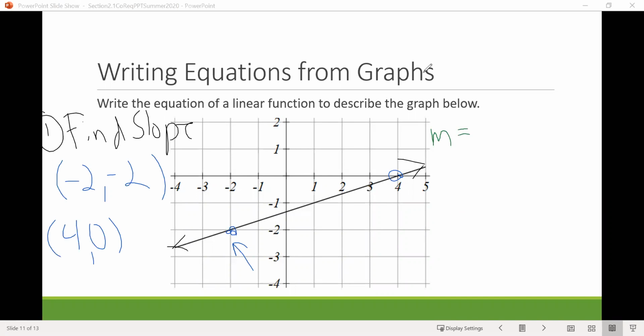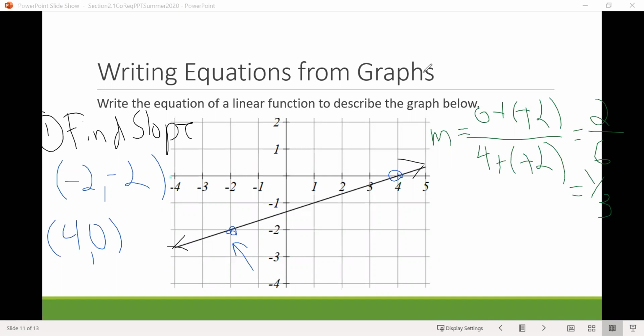So m equals 0 minus -2 over 4 minus -2. You've got minus on both top and bottom, which makes plus. 0 plus 2 gives me 2. 4 plus 2 gives me 6, which reduces to 1/3. So we have m equals 1/3.